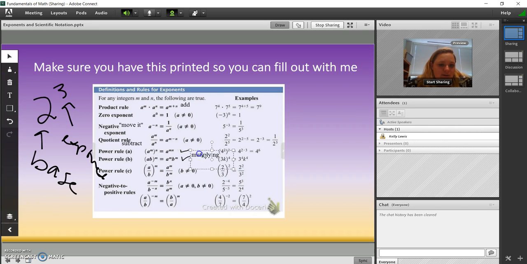Or you can think of it like this: this exponent m needs to go to the a and the b, so you're kind of like distributing. And then a negative exponent means move it, or flip it.